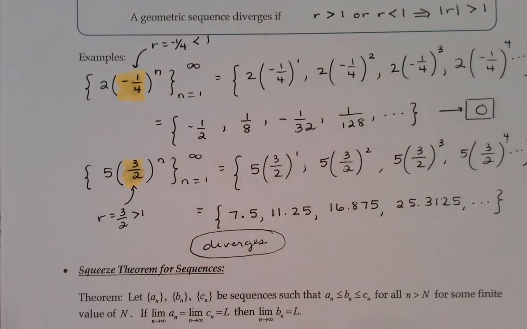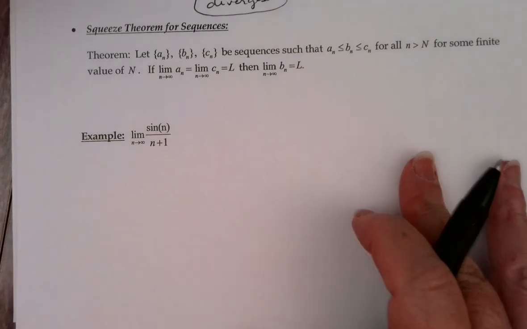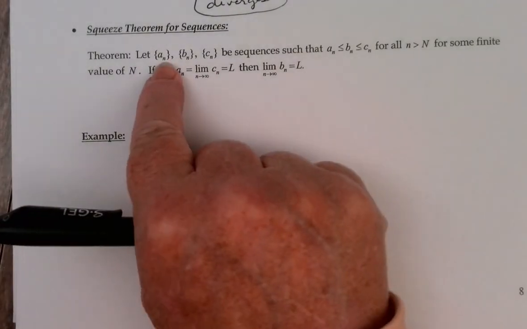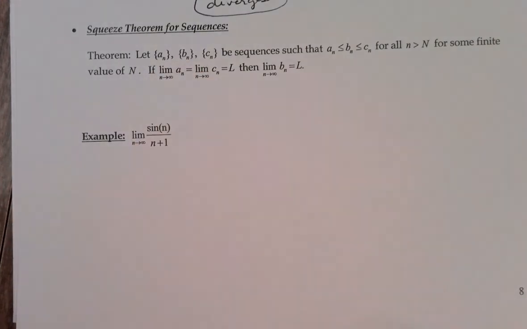All right, so if you've got a geometric sequence, we're going to talk a lot more about those in the next section, by the way. There's a pretty easy rule to follow to determine whether they converge or diverge, one of our theorems. Here's our second theorem. It's called the Squeeze Theorem. And it says, suppose that we have 3 sequences, sequence of A's, B's, and C's.